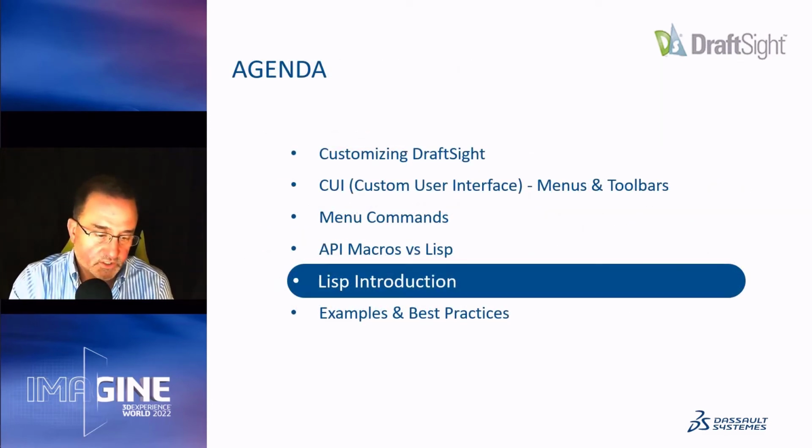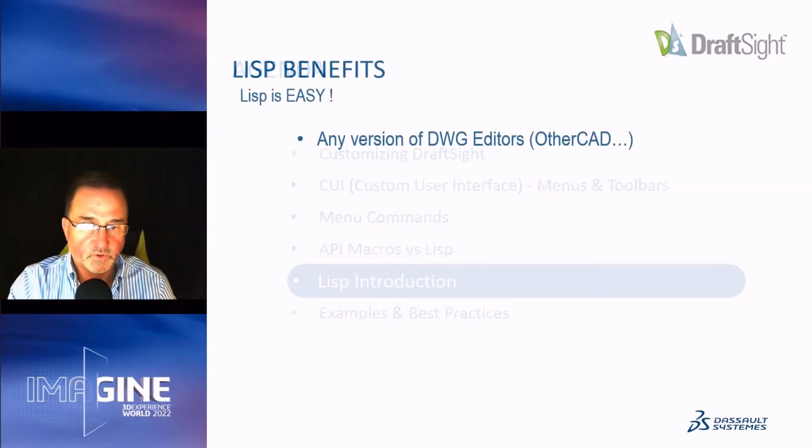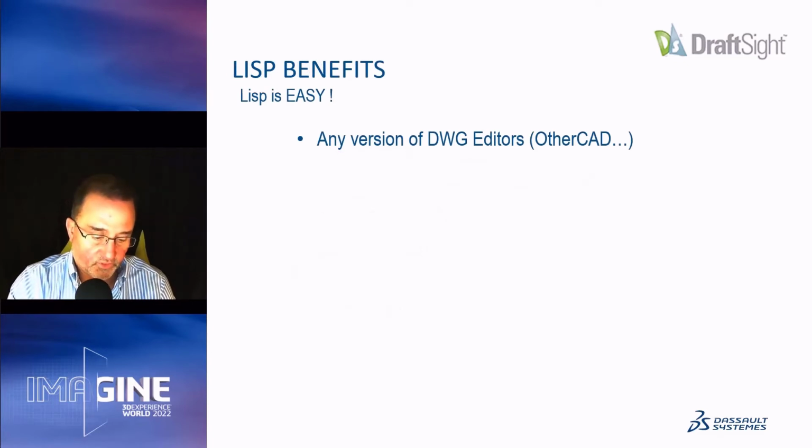And so let's talk a little bit more about Lisp and what that means to you in terms of what you can do. Now, the thing I like about Lisp is it's actually very easy. There are a couple of reasons, but it's for those of you that haven't really written any programming languages before, or haven't written in Visual C++ or C# or Visual Basic or .NET.